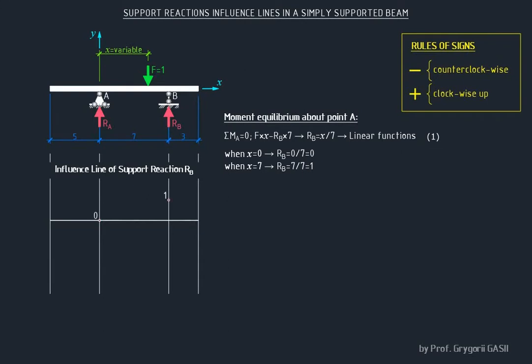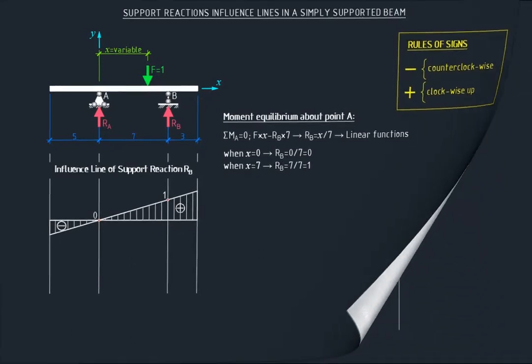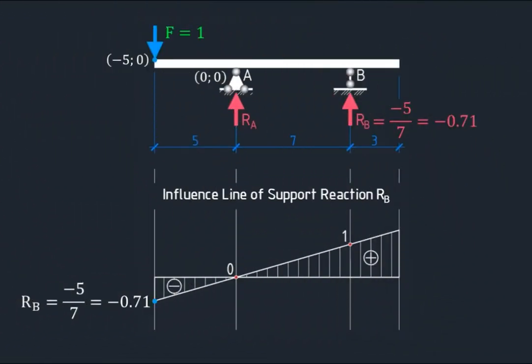In doing so, positive values are plotted above the abscissa axis. Let's see what the drawn influence line means. Consider, for example, when the load is at the point with coordinates -5, 0. Then the ordinate of the point on the influence line with coordinates -5, -0.71 is the magnitude of the support reaction RB when the moving load F is exactly at the point with coordinates -5, 0.